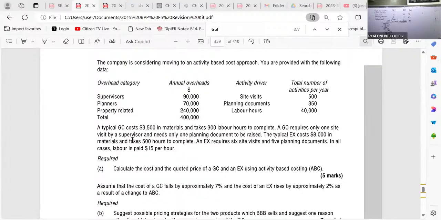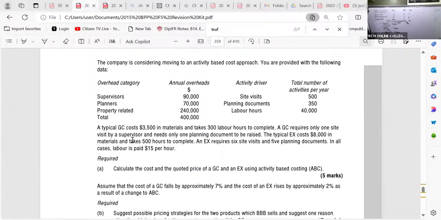Supervisory is 90,000. Planners is 70,000. Then we have property related, which is 240,000. Then we have our two products, GC and X.